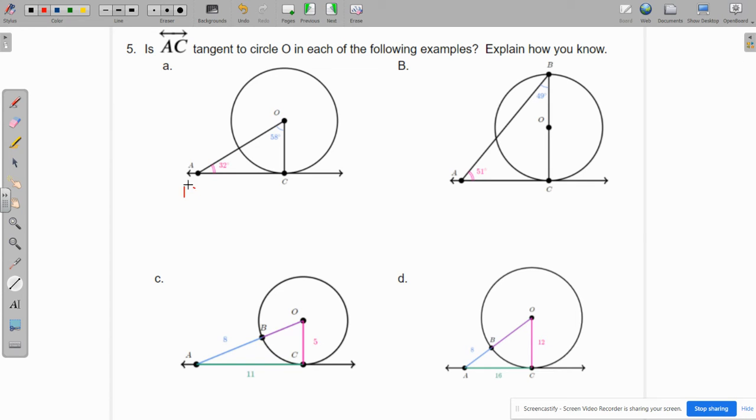So if I take 180 and subtract 32 and subtract 58, we do in fact get 90 degrees. So this angle is a right angle. So yes, line AC is perpendicular to segment OC, which is your radius. So we would say that it is tangent.